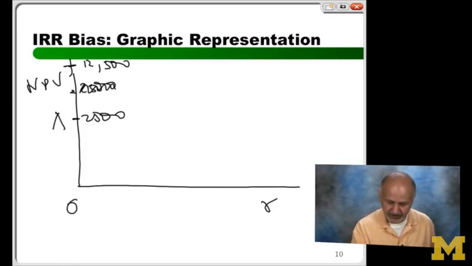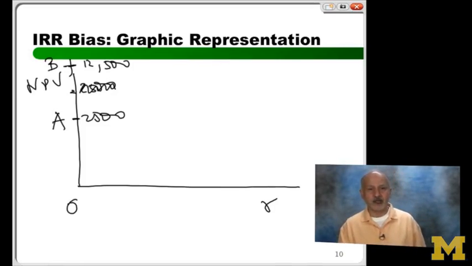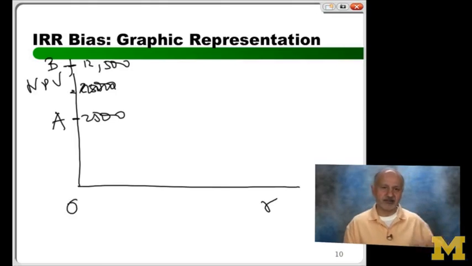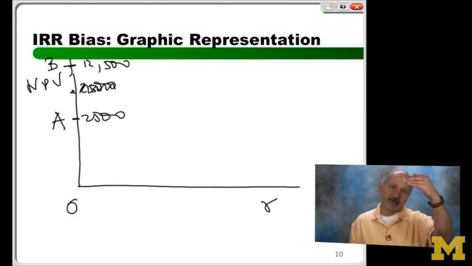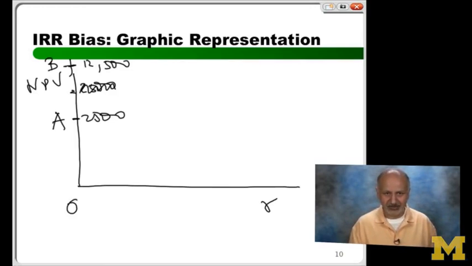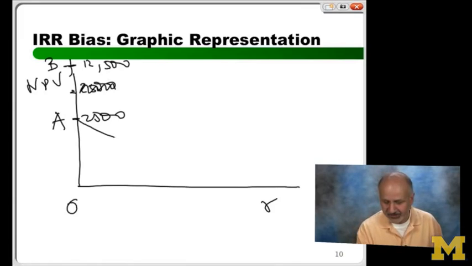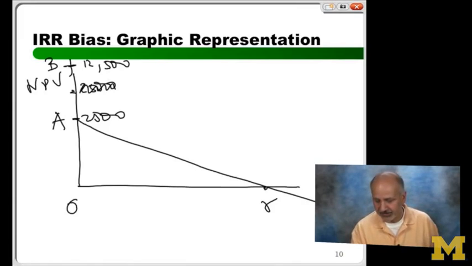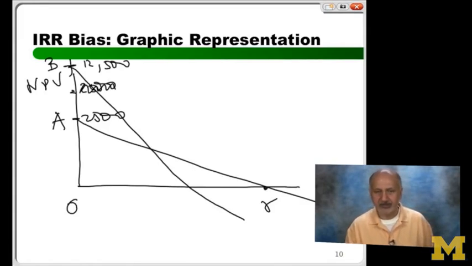This is which project? A. This is which project? B. Why is B 12,500? Because I get 62,500 and subtract 50,000, right? Everybody okay? Okay.